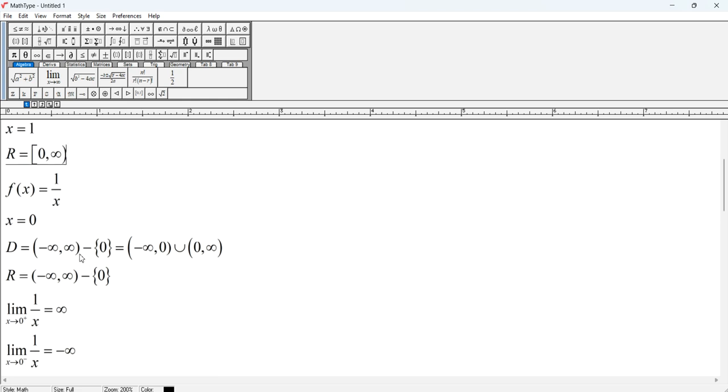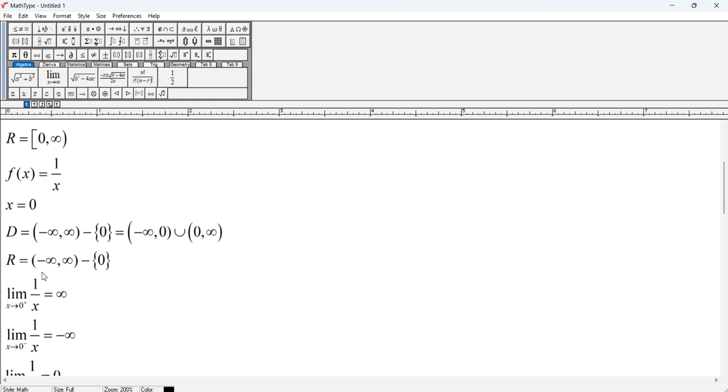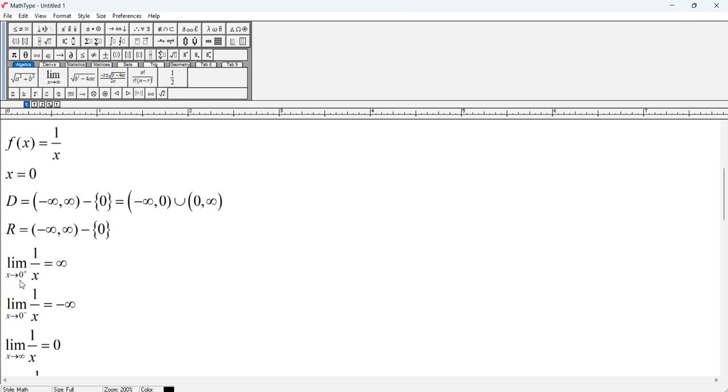What about the range? The range for this rational function is minus infinity to infinity, because when I approach 0 from the right, it equals positive infinity. When I approach 0 from the left, it equals minus infinity.